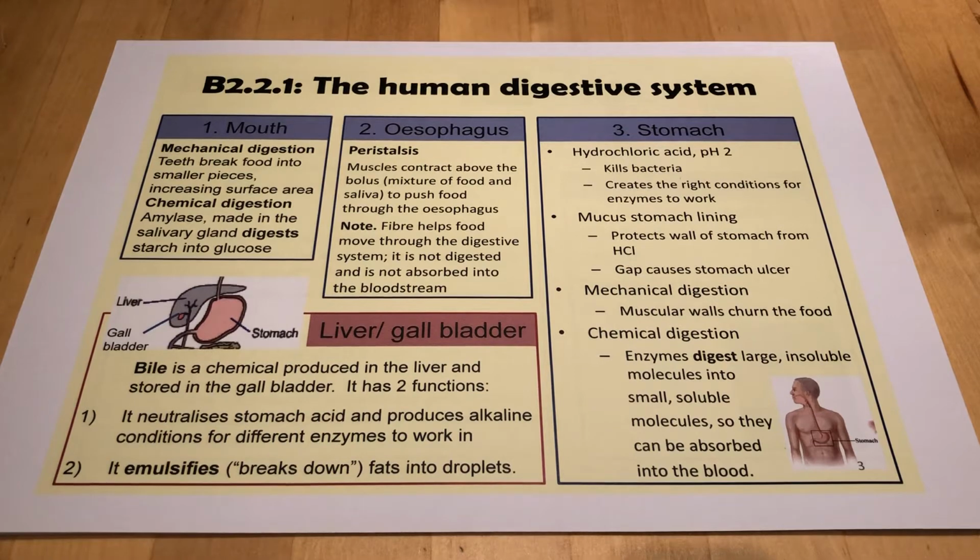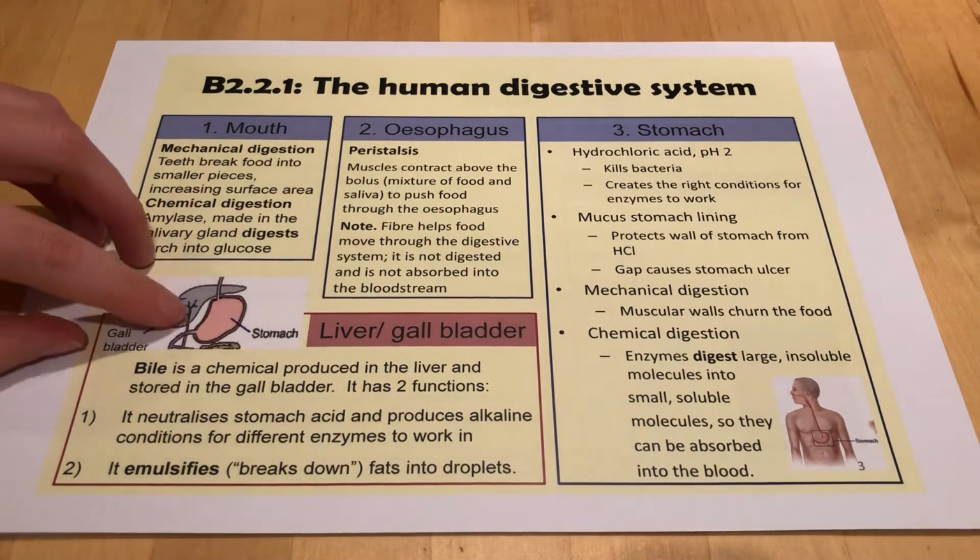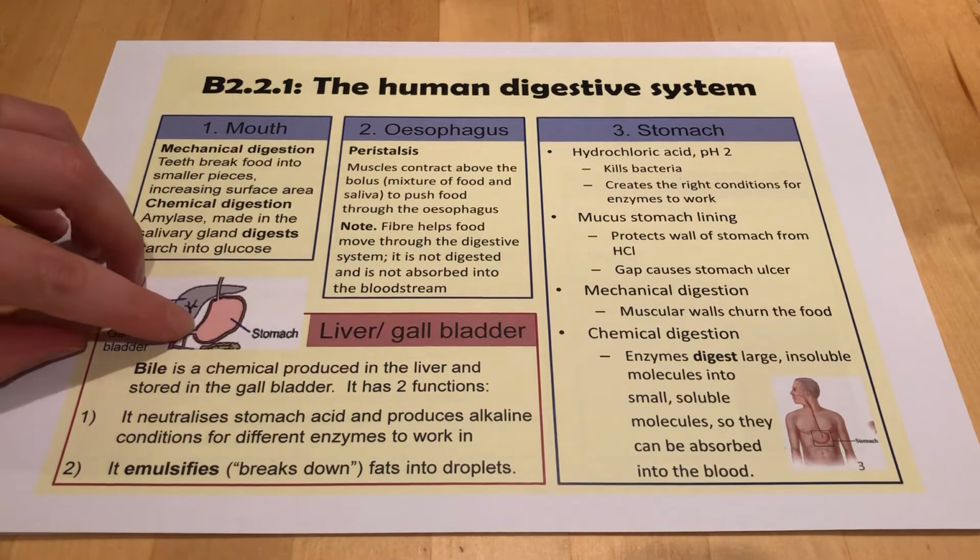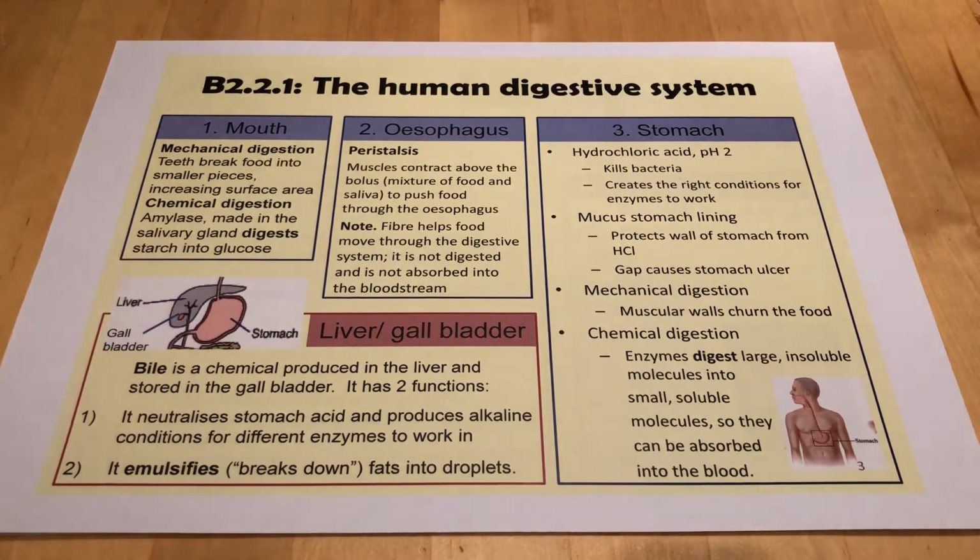Food does not enter either of these two organs. The liver is responsible for making the bile, and it's stored in the gallbladder, and the bile is alkali. So when that food exits the stomach and goes through this small tube here called the duodenum, before it goes into the small intestine, it's joined with the bile, and that helps to neutralise that acid from the stomach for many purposes really.